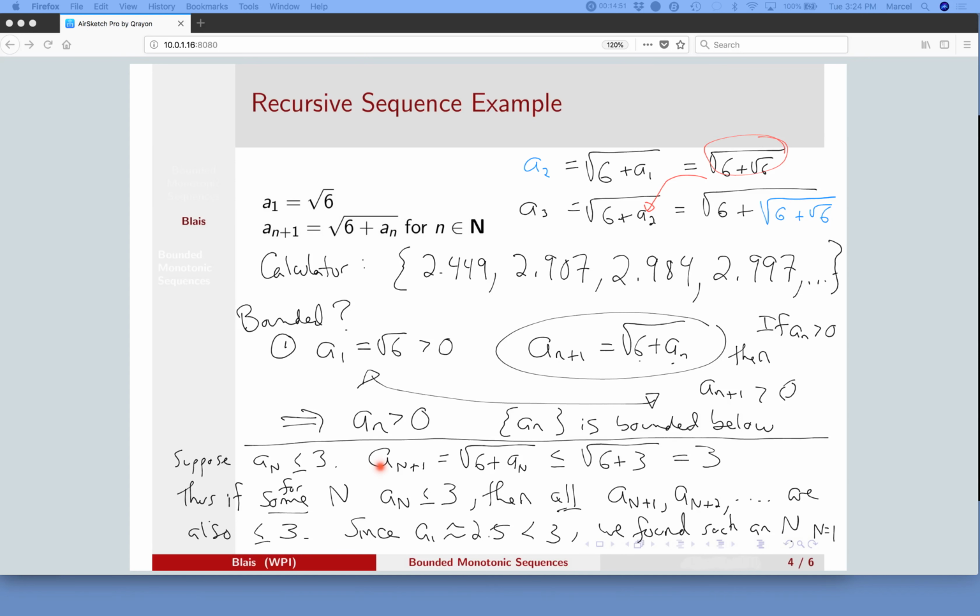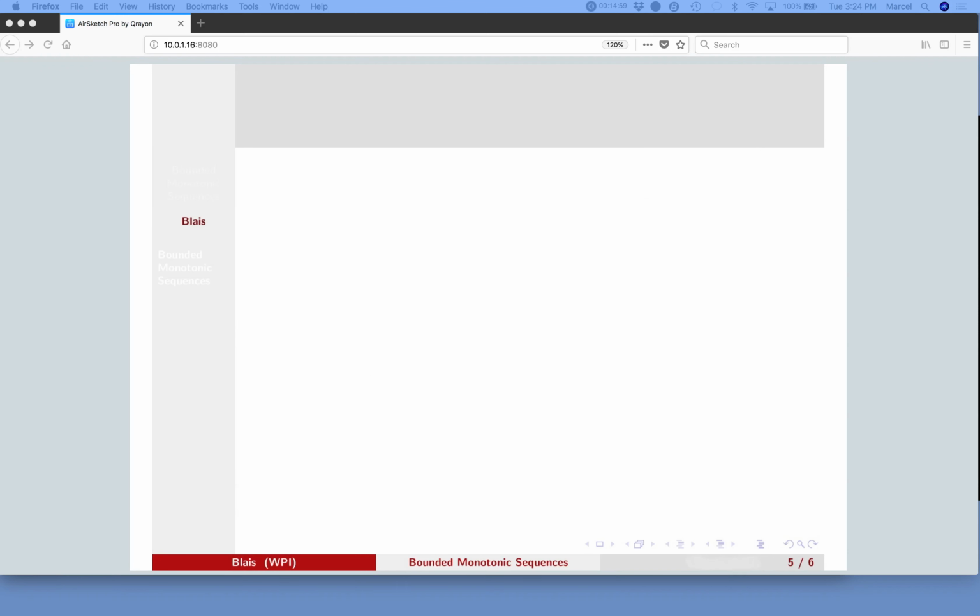So this argument tells us that this sequence is bounded above by 3. Okay, so we have that a sub n is greater than or equal to 0 and less than or equal to 3 for all n. So our sequence is bounded.